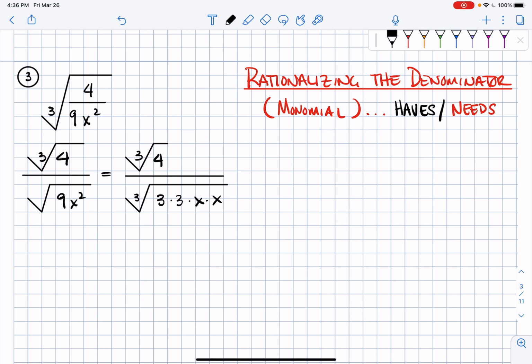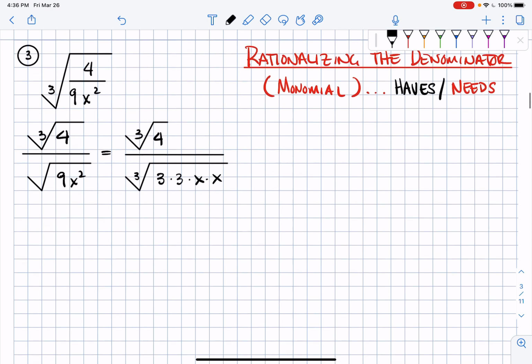So we're going to break down that bottom into their primes, and that's exactly what we have, okay? So what do we have on the bottom? So I talked about haves and needs, right?